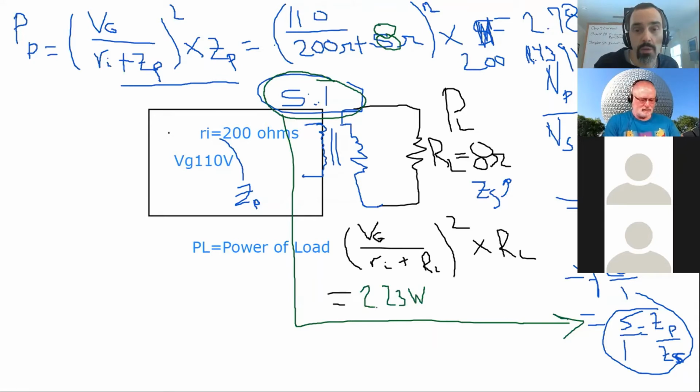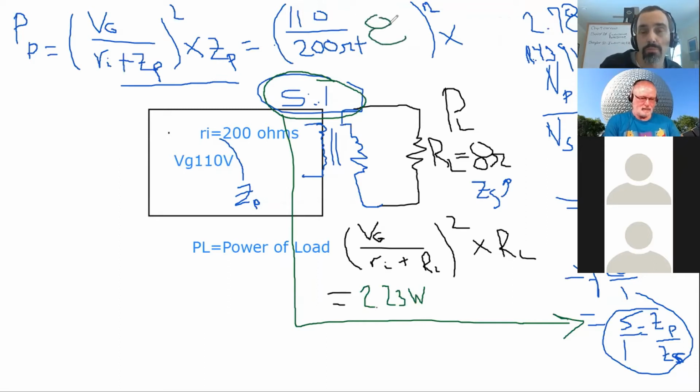So let me clean that up, and I'll show you what it's supposed to look like. So it'd be like RI plus RL in parentheses, square root times EP. This is going to be 8 ohms. And this will be 200.